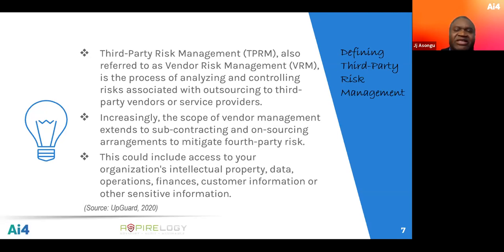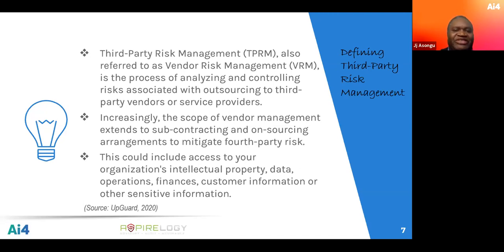By this, basically, the argument here is that when you buy things, such as software, hardware, or even services from a vendor, there is a possibility that those vendors could introduce a vulnerability into your systems.